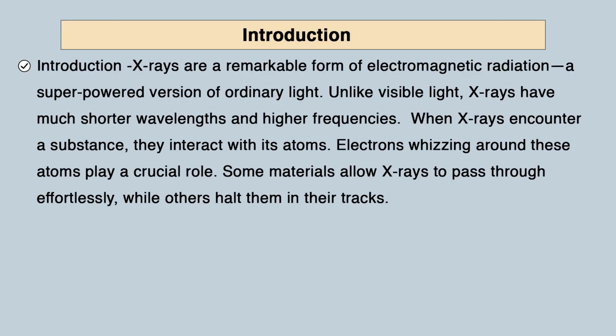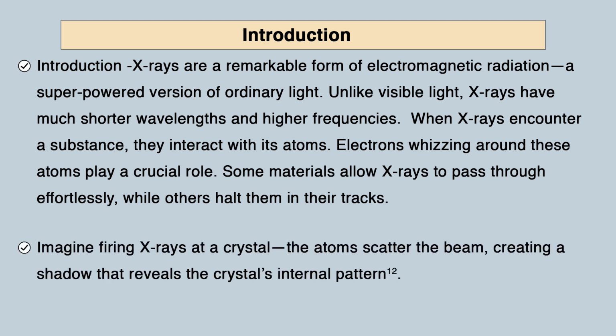X-rays are remarkable electromagnetic radiation, a superpowered version of ordinary light. Unlike visible light, X-rays have a much shorter wavelength and higher frequency. When X-rays encounter a substance, they interact with its atoms. Electrons around these atoms play a crucial role. Some materials allow X-rays to pass through effectively while others halt them in their tracks.